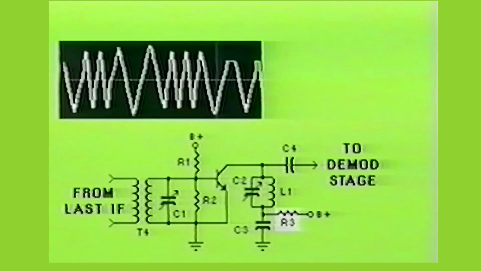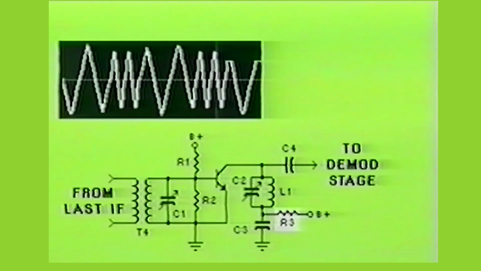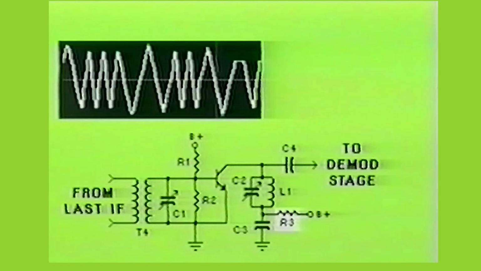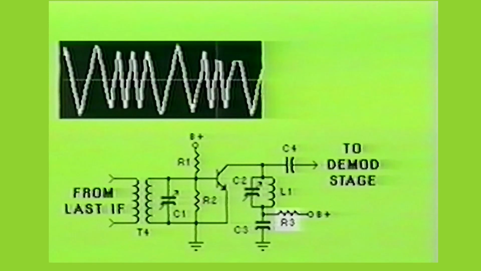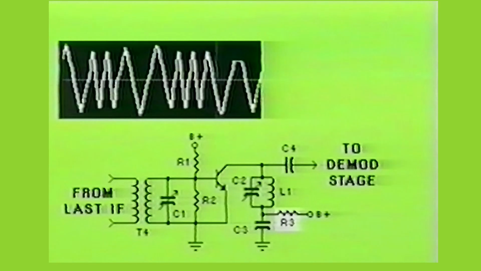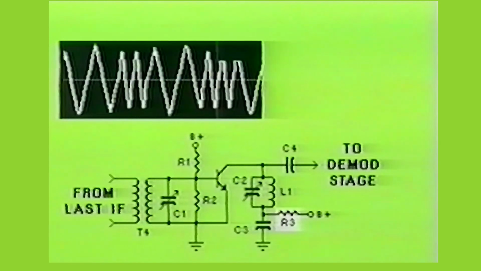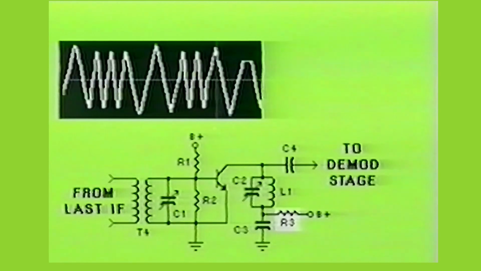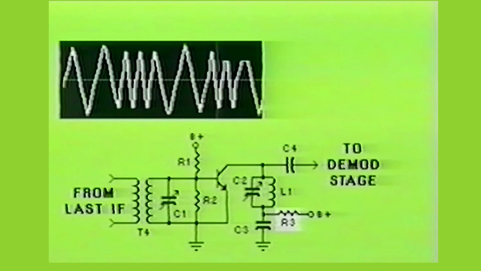In addition, the value of resistor R3 is chosen so that the collector voltage on the transistor will also be quite low. Therefore, when a small positive going signal is applied to the base of the transistor, its collector current will increase to saturation. As the collector current increases, so does the voltage drop across resistor R3.